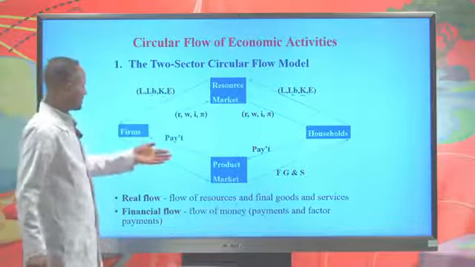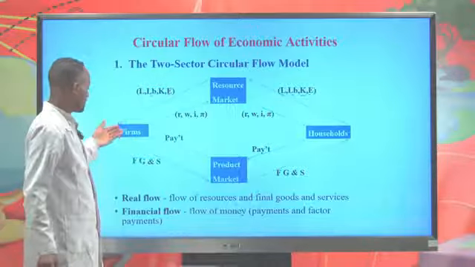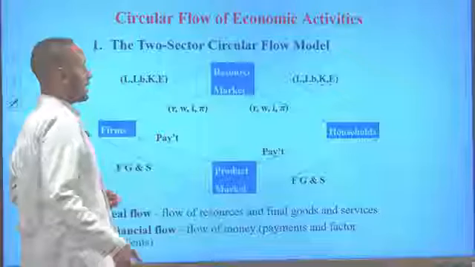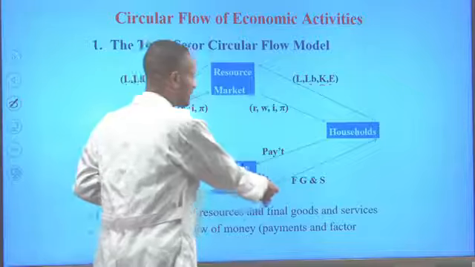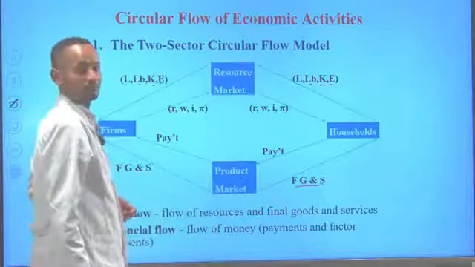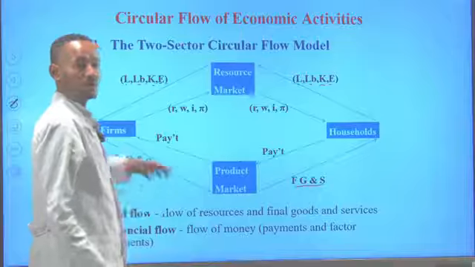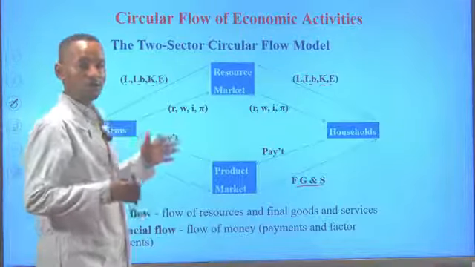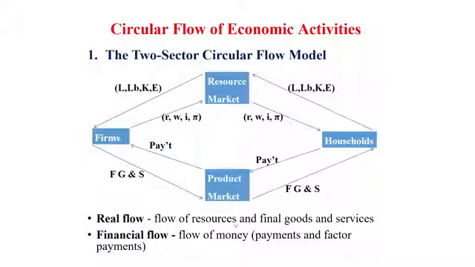In the product markets, firms are suppliers of final goods and services. And in the product markets, households are demanders of final goods and services. So, from this relationship, don't forget these four circular flows. First, in the resource markets, households are suppliers of economic resources.